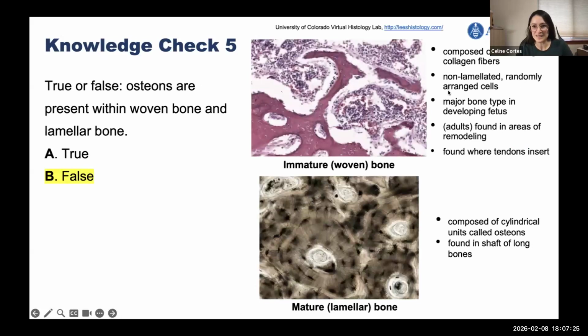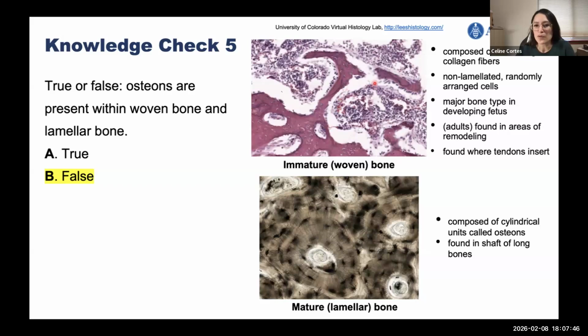Okay, doing good, nice. For knowledge check number 5, the review is pretty simple. The important thing is to be familiar with the appearance of woven bone versus mature bone. Woven is really the immature bone.